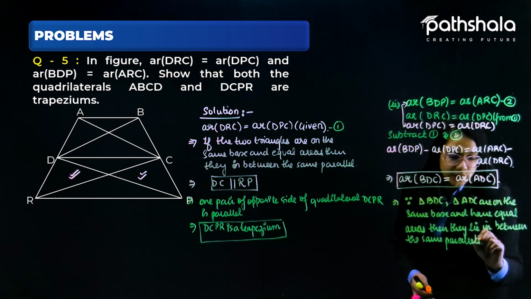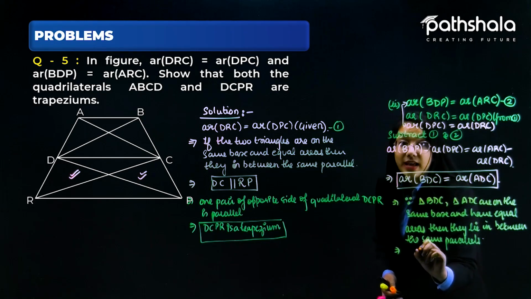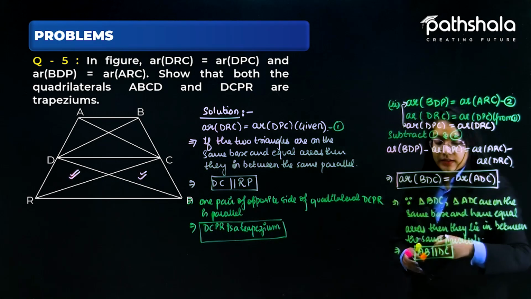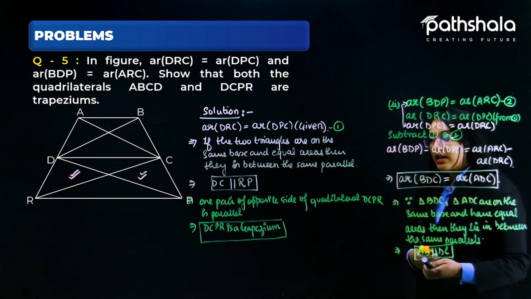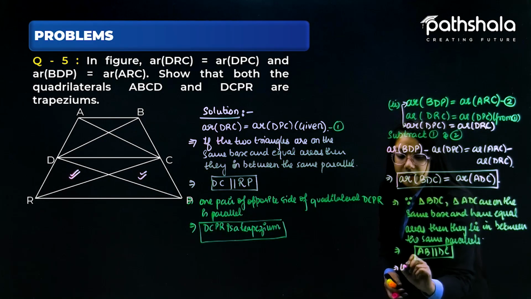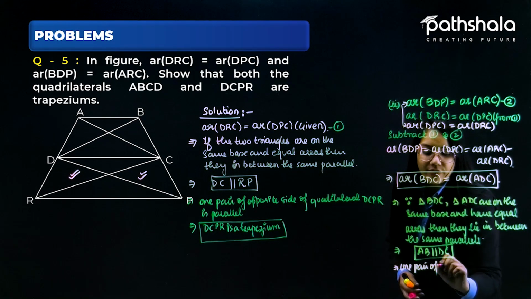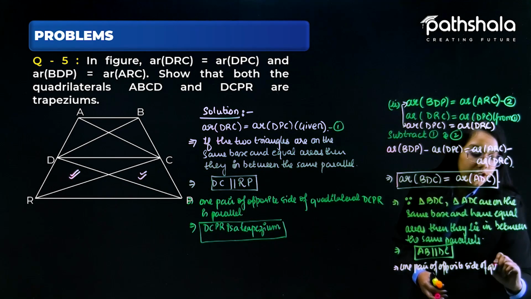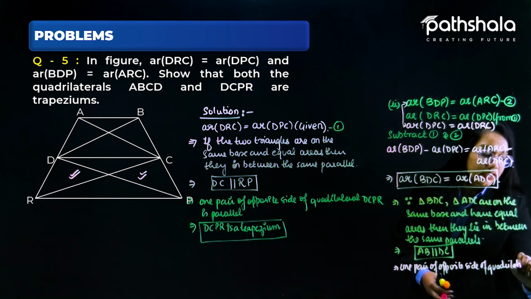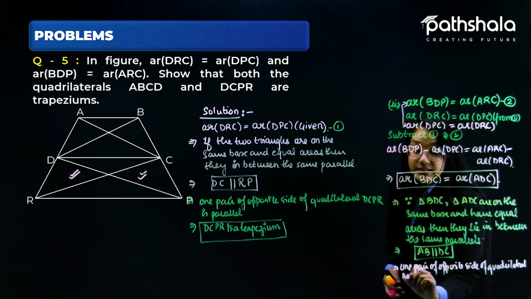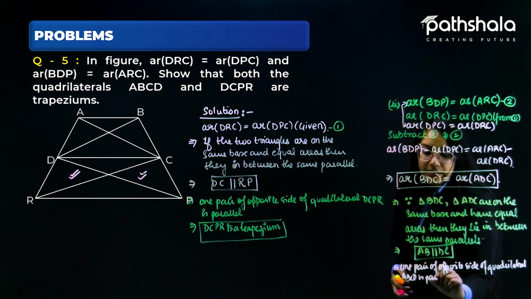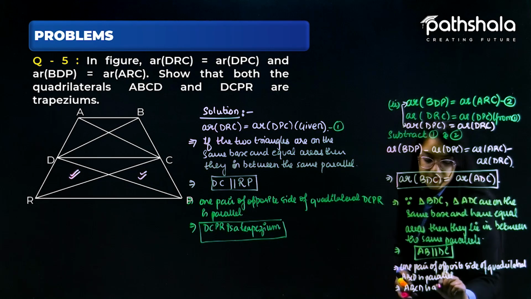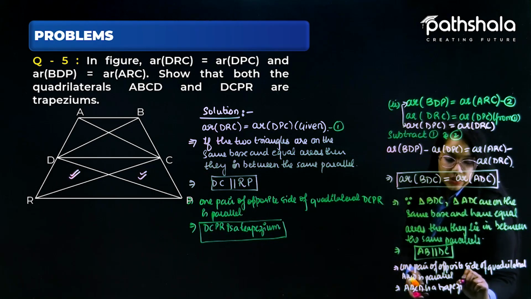This is the converse of the theorem, which implies that AB is parallel to DC. And if AB is parallel to DC, then one pair of opposite sides of quadrilateral ABCD is parallel. It implies ABCD is a trapezium.